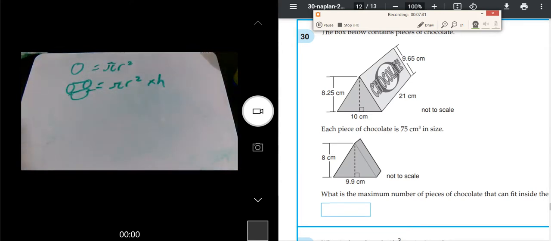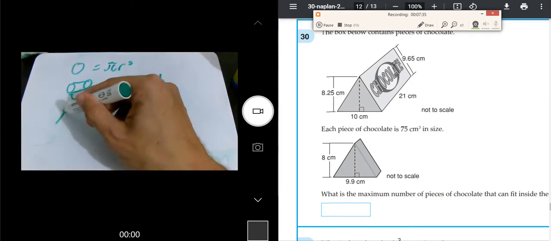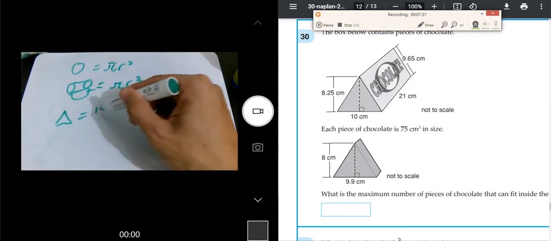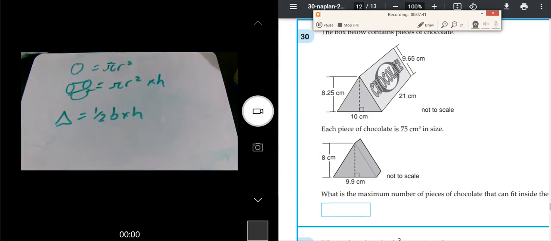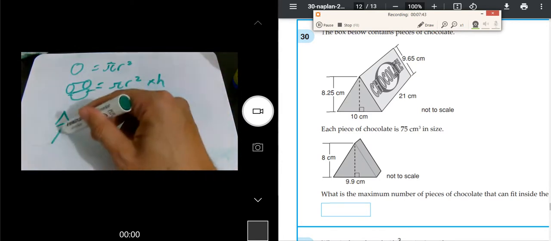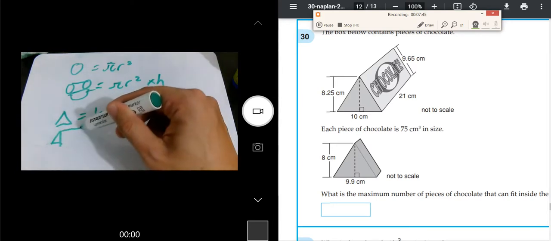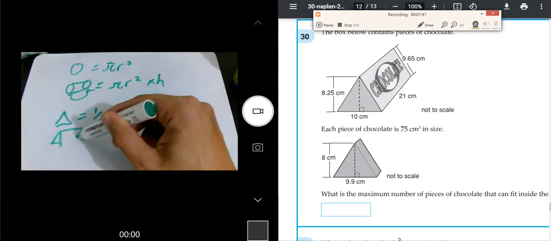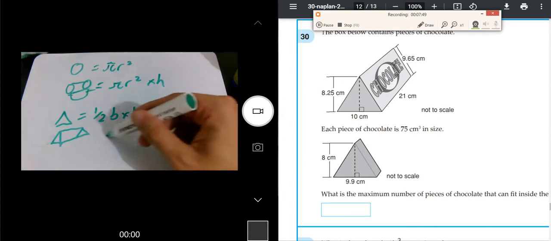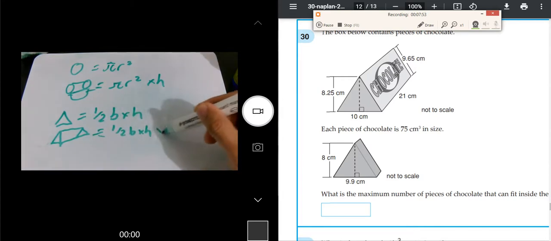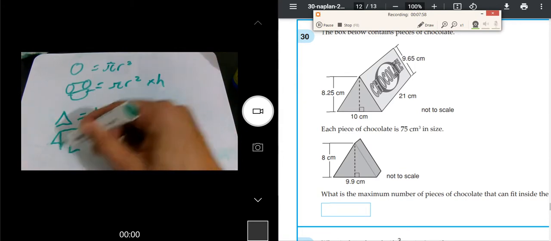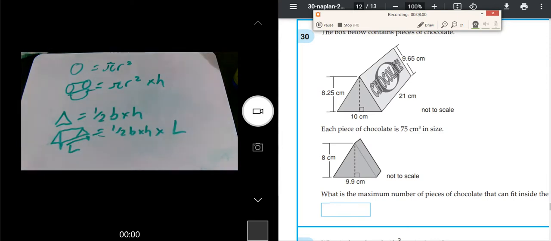Now it's exactly the same principle with triangles, where a triangle will be half base times height, and then if you have a triangular prism, it will be half base times height to get the triangular face times by the length of the triangular prism.